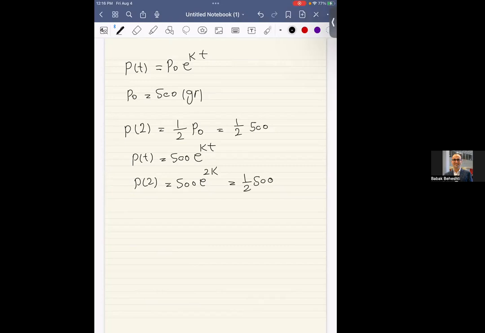So from this equation, it follows that e to the power 2k must be 1/2, right? So that means 2k is ln of 1/2. So that means k is 1/2 of ln of 1/2.